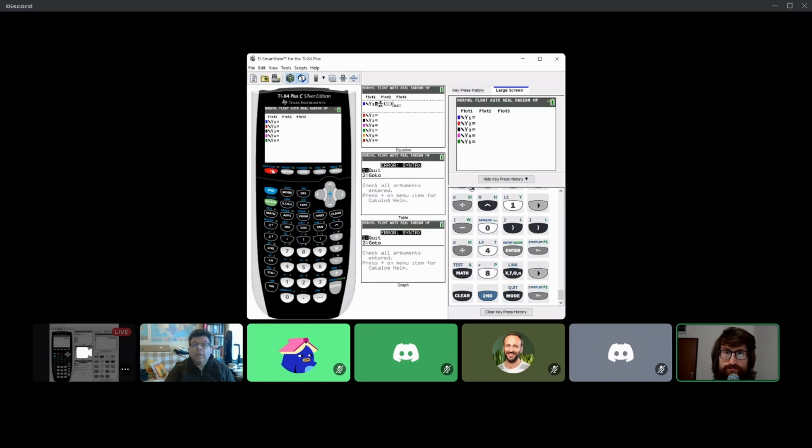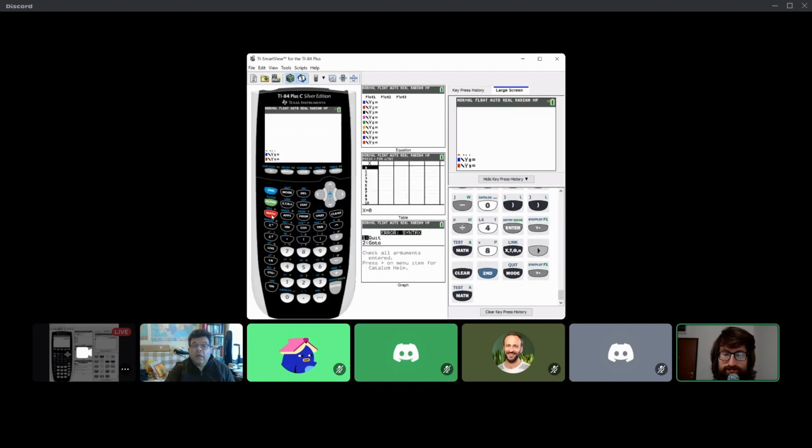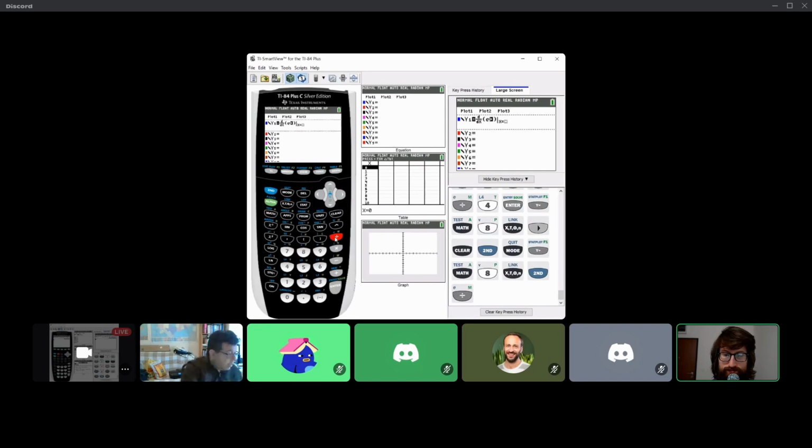Let me see. I thought you can still do it with this option, but okay, so d/dx, and then our function is e to the power of cosine x, minus sine x.